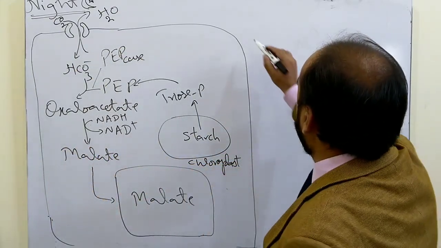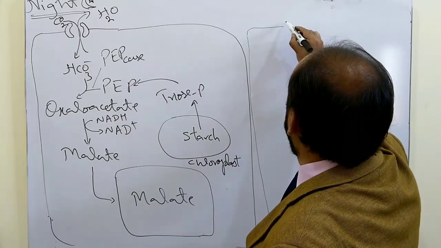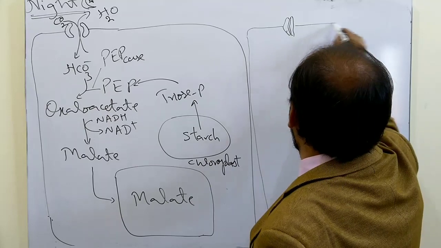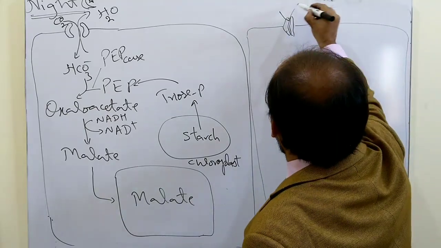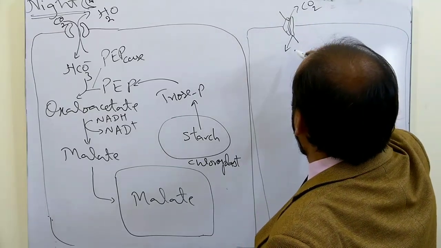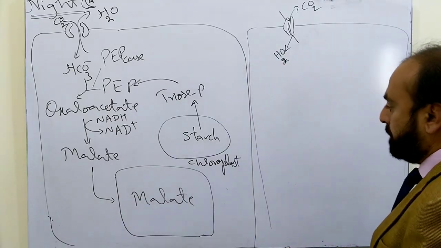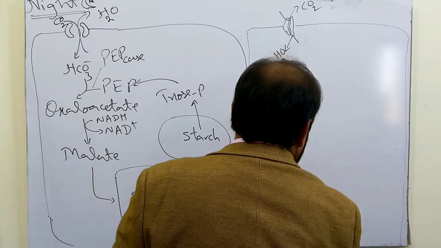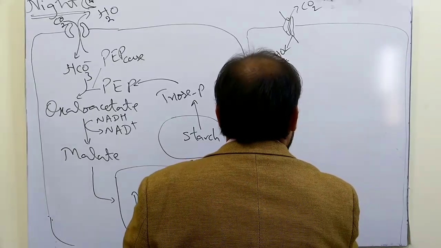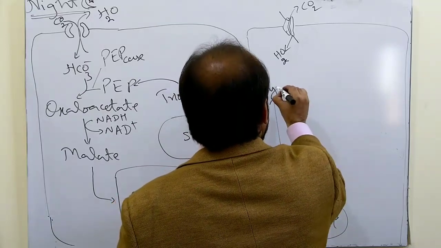And what happens during daytime is the stomata are usually closed, so carbon dioxide remains out. It cannot enter the plant cells and water remains in, thus conserving water. The malate that was stored in vacuoles is converted to the 3-carbon compound pyruvate.